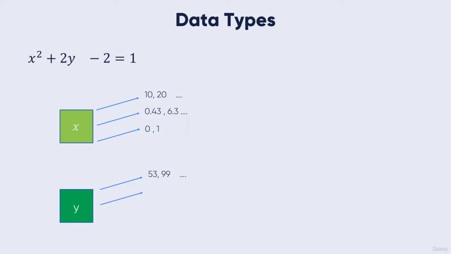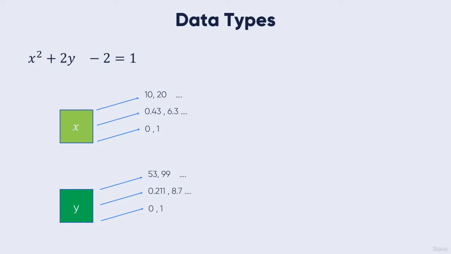In the same way, y could take 53 or 99, or 0.211 or 8.7, or 0 or 1. Okay? To solve the equation, we need to relate them to the kind of values they can take, and data type is the name used in computer science programming for this purpose.